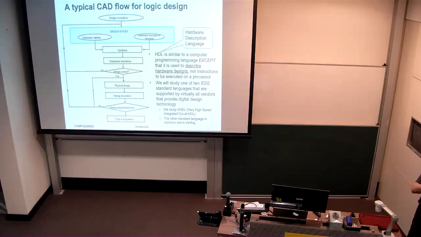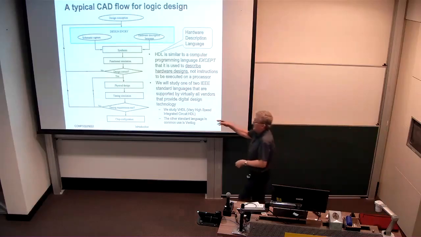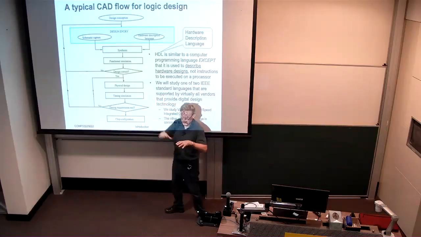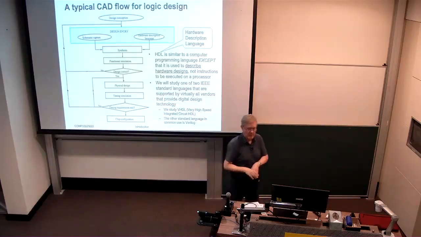What's the most efficient way of laying that out? Because if you use random locations, the wires might be longer than they need to be, or you might end up using more lookup tables, configurable logic blocks, than you need to if it's not optimized. So this physical design step maps this logical design to the physical resources that are available within the FPGA.